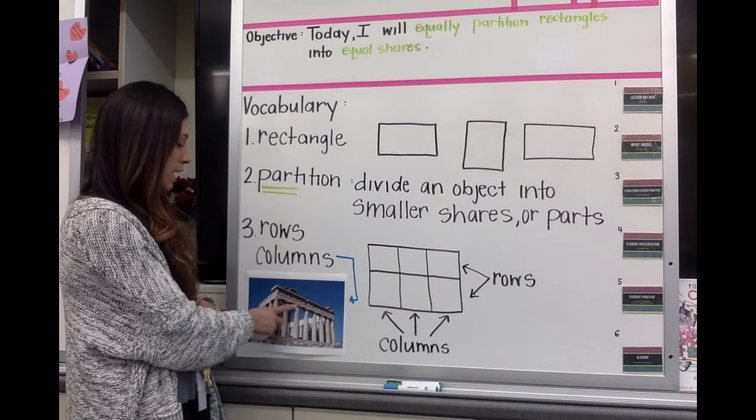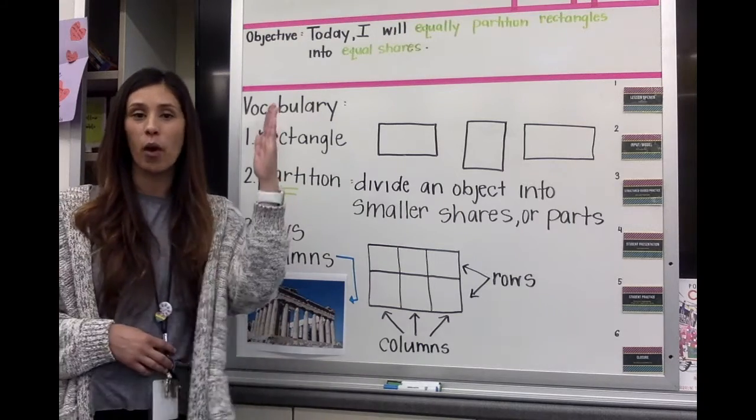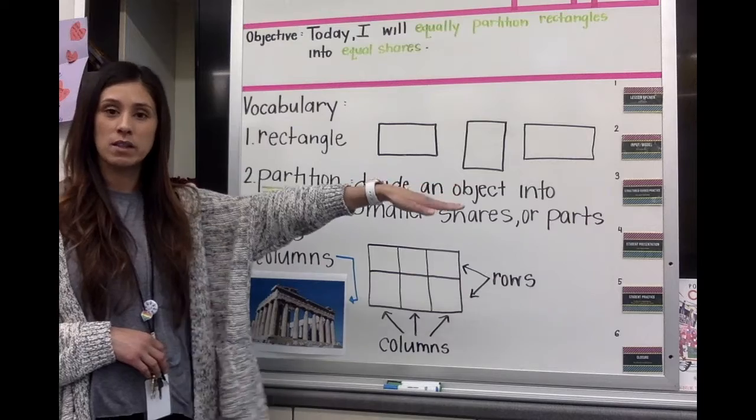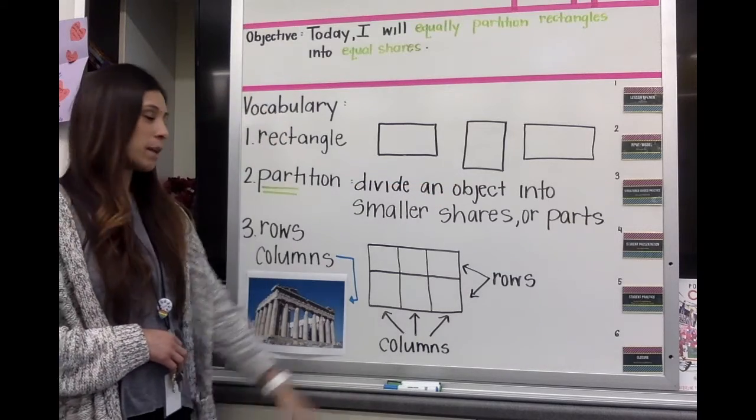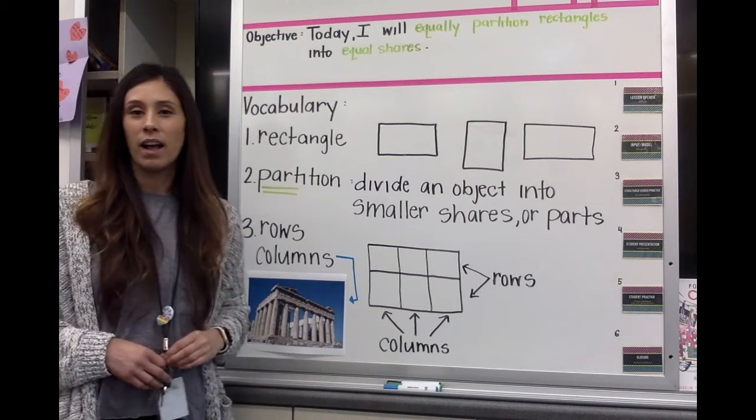So columns connect from top to bottom. Okay, they go up and down, or they're vertical. So rows are horizontal, like your eyebrows, and columns are vertical, like a column on the Parthenon.